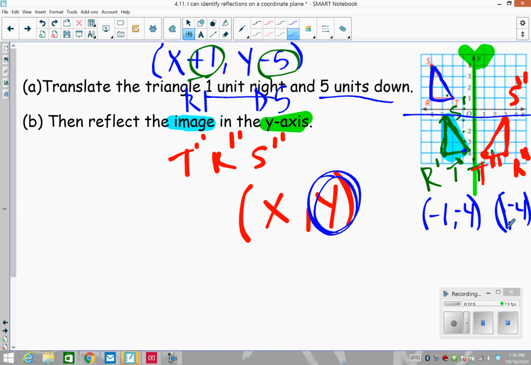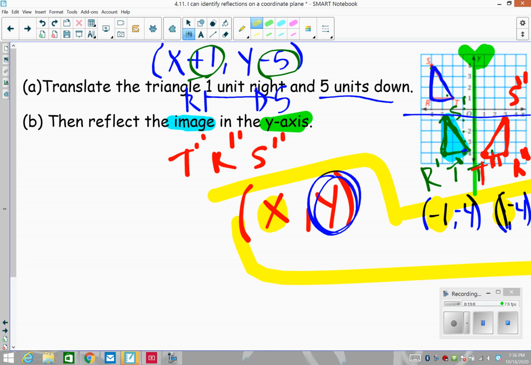So what does change when we reflect over the y-axis is the x-coordinate. That's just bonus information for the lesson, just notice what happened to the x-coordinate. When we flipped, the x changed, right? The left-right location changed, but the up-down did not. That's if you flip over the y-axis.